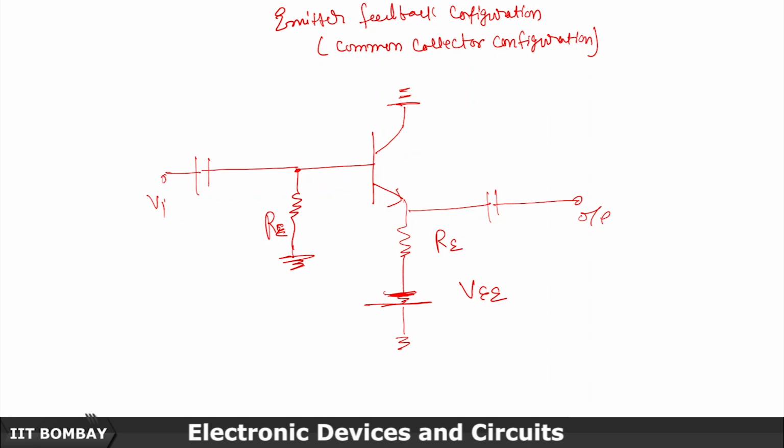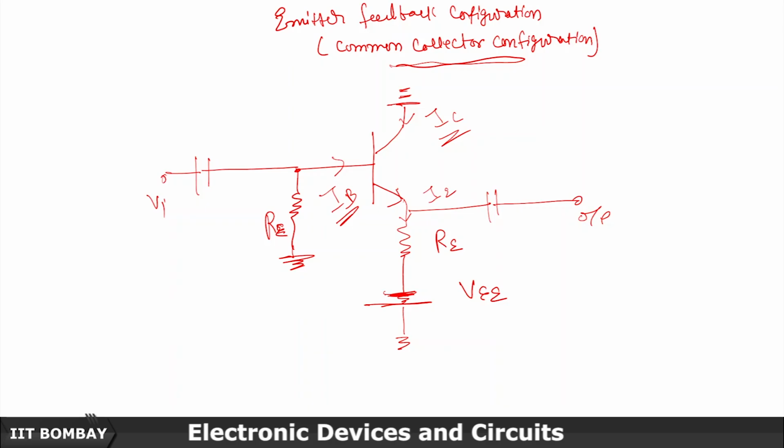So this is an emitter feedback configuration, also known as the common collector configuration, and this is IE coming out of here. This is IC and this is IB. Here you can say it is more or less similar to the emitter bias configuration, but since the collector is common here, it is known as the common collector configuration or emitter feedback configuration.